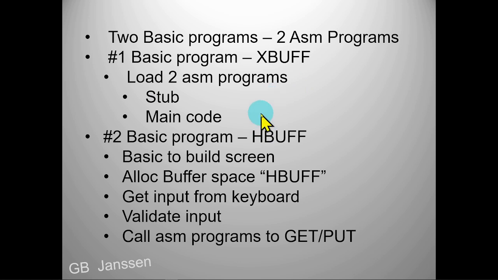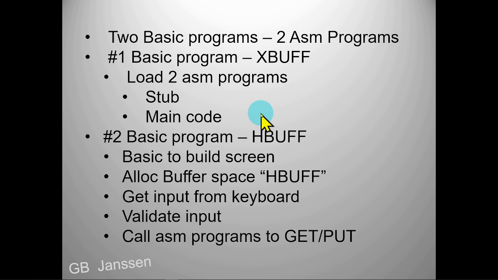In this exercise, we got two BASIC programs and two assembly language programs. The first BASIC program is called XBuff. It's going to load the two assembly programs, the stub and the main code. The second BASIC program, which I've named HBuff for whatever reason, is going to be our main program.